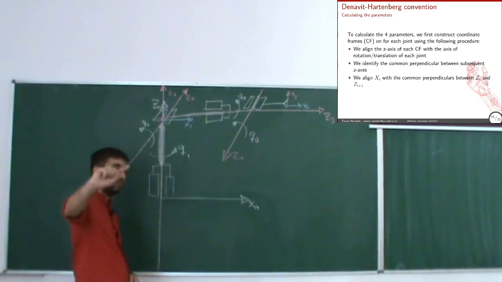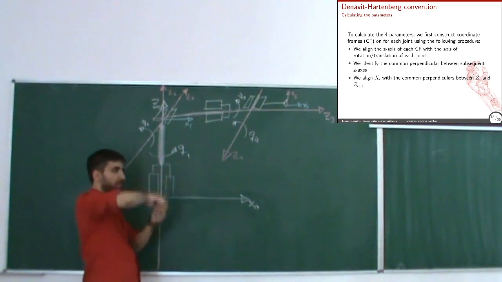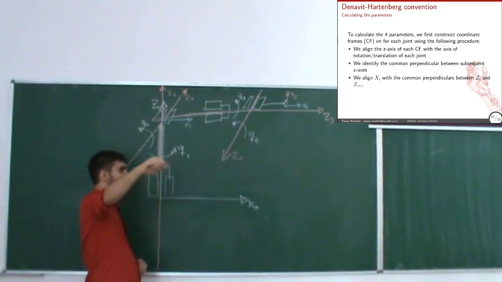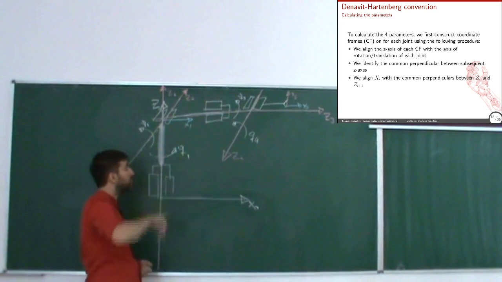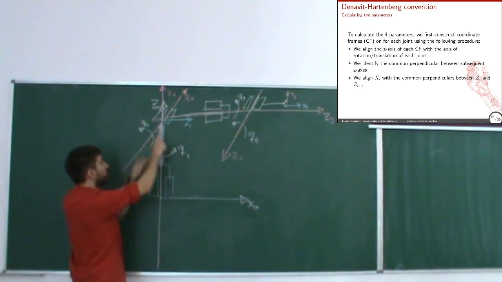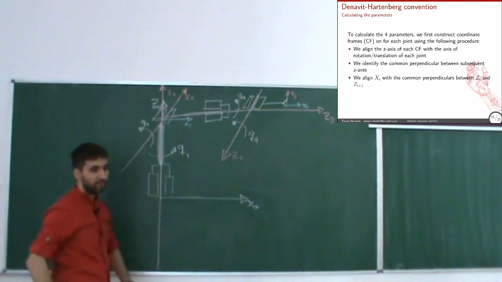Z2 points into the board, Z3 points... Z2, Z3, Z4, X2 out. So basically it points here, it's going to be pointing upwards or downwards. Upwards or downwards? Why?